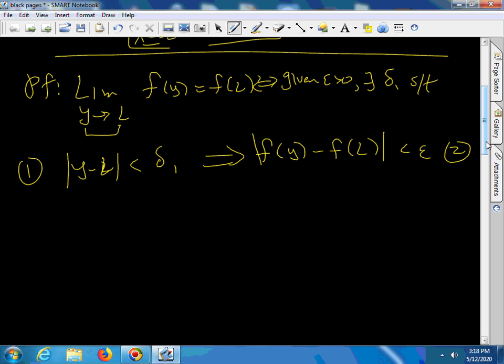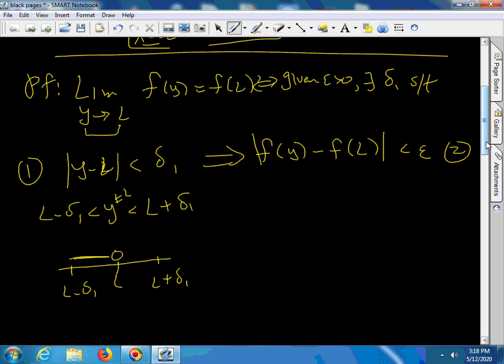This statement means that y is in between L minus delta 1 and L plus delta 1, for y not equal to L. So on a number line, here's L, here's L plus delta 1, here is L minus delta 1, and y can be anything but L. That's y.